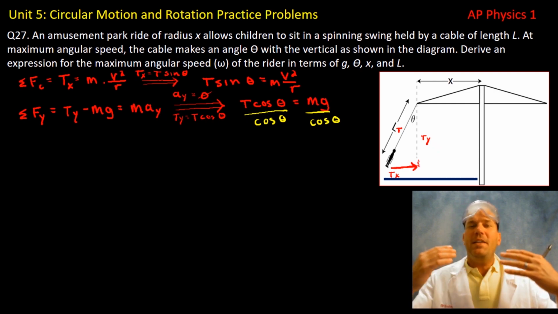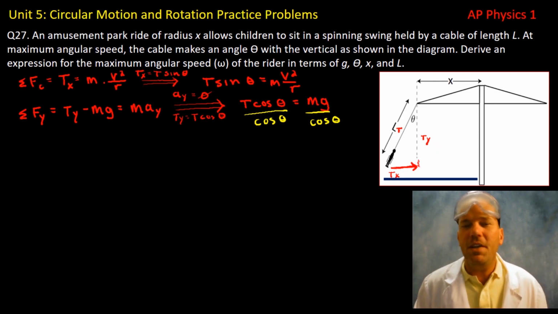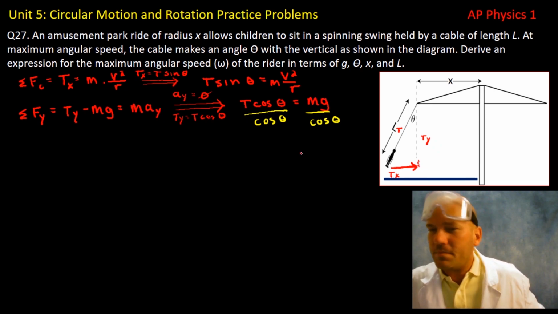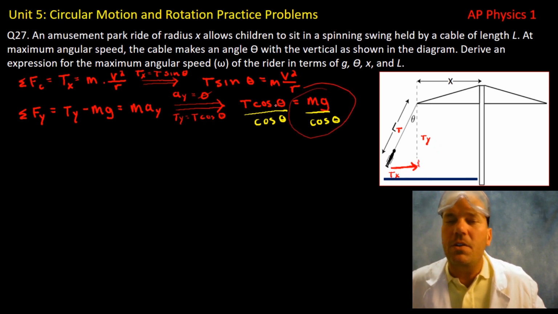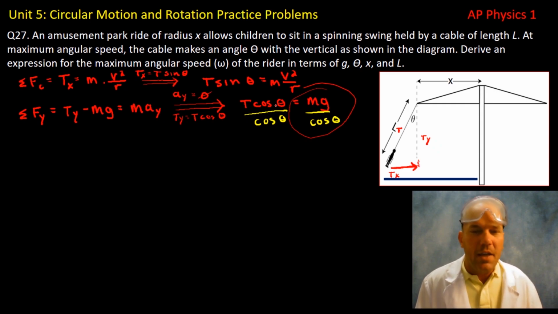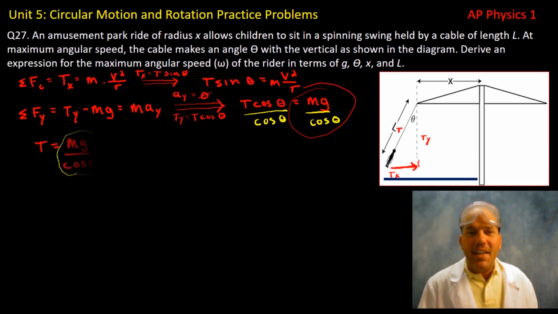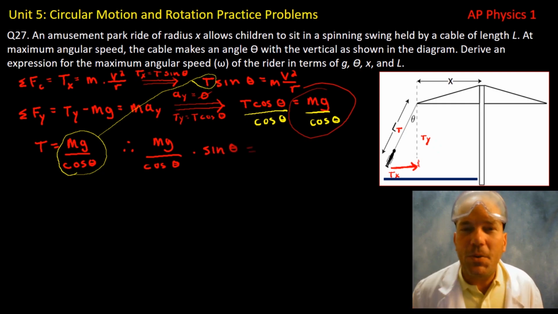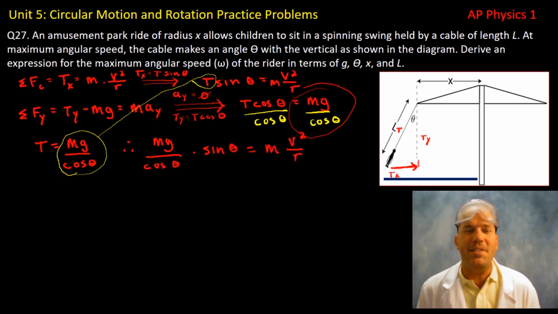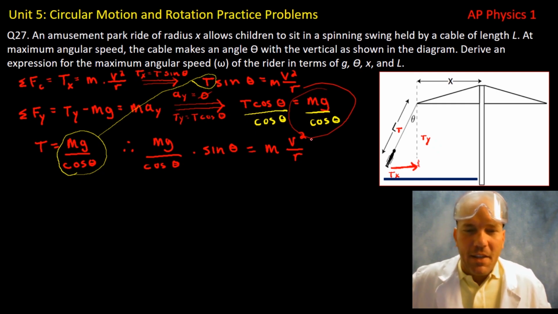Then we get the fact that the force of tension is equal to mass times the acceleration due to gravity divided by cosine theta. We can now say, since they're equal, let's substitute that into our inward summation, and we get this quantity here. So we have this expression.